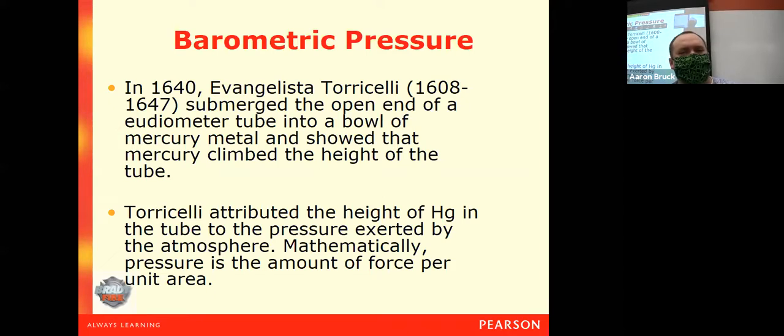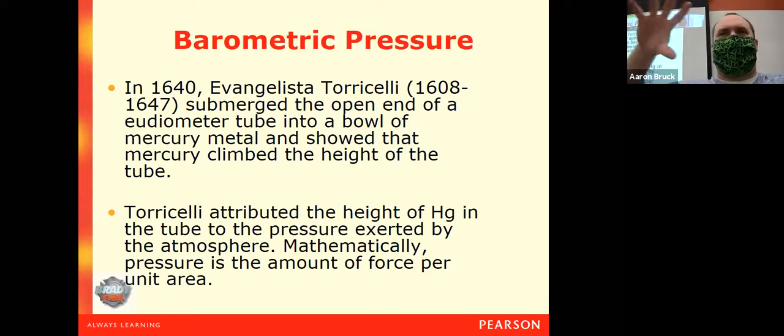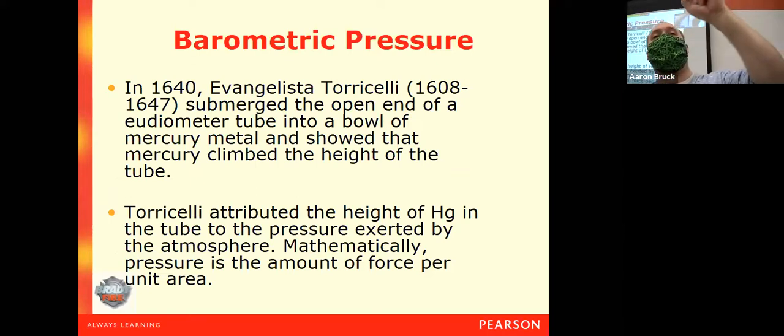And what he finds is that when he does that and there's nothing in the tube, the pressure that is being exerted on the bowl of mercury by the outside air is enough to push mercury up the tube, and he can measure how far it goes up.